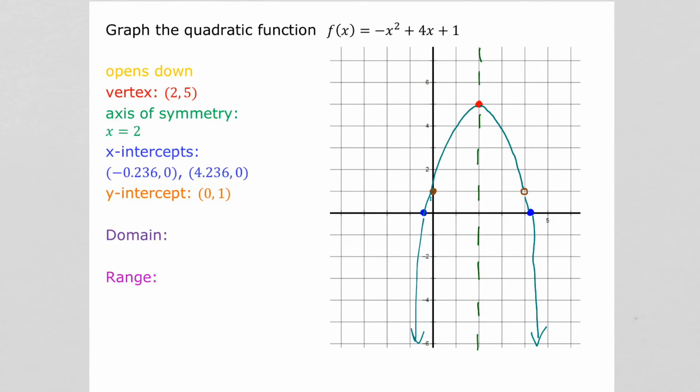It's a little bit better. Okay. Then we want to identify the domain and range it asks for. So the domain of a parabola is always all real numbers, so negative infinity to infinity. And the range for this one, starting from negative infinity and going up and stopping at 5. So negative infinity to 5, and we put a bracket on the 5 because it is including the point there.